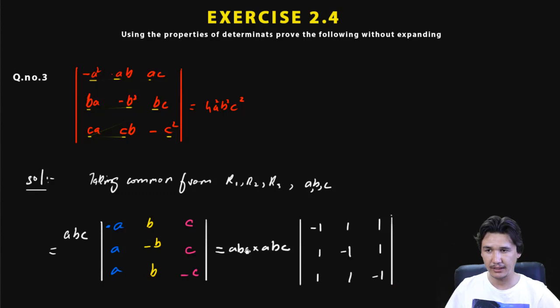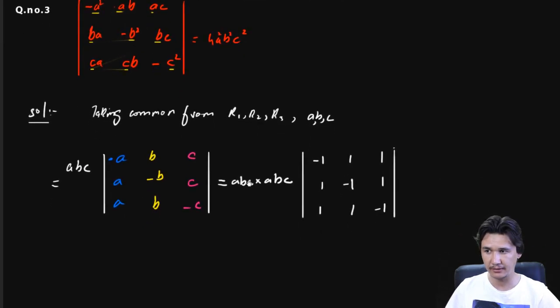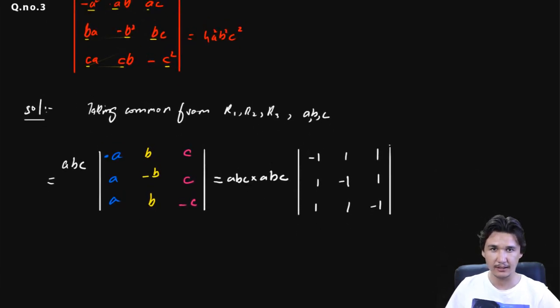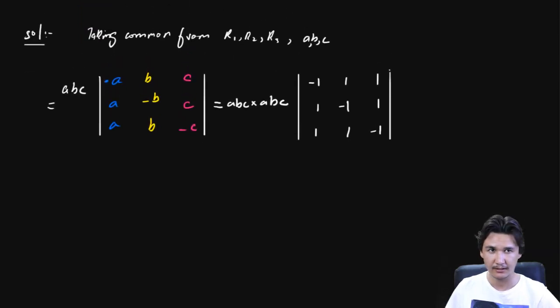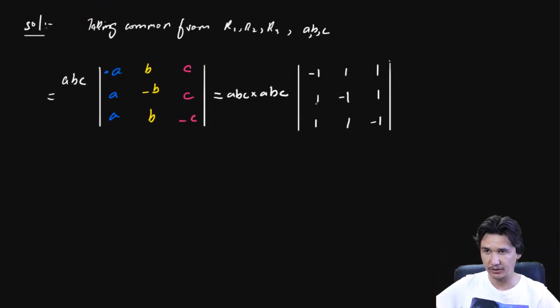Next, we are going to make some zeros. We apply R2 plus R1 and R3 plus R1.